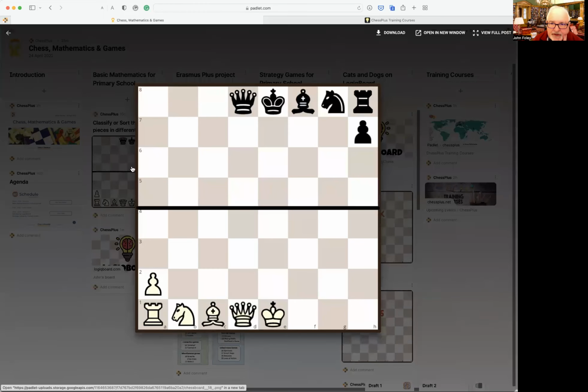Okay, so just to recap, we had a look at basic mathematics for primary school, and one of the exercises we did was to classify chess pieces. This is an exercise which there was a lot of imagination and creativity, and that was exactly what we wanted. And of course, dealing with children, you can encourage them to think outside the box, as it were.